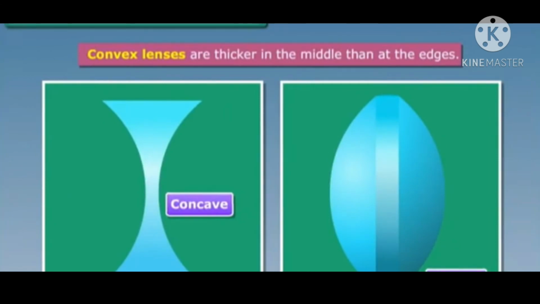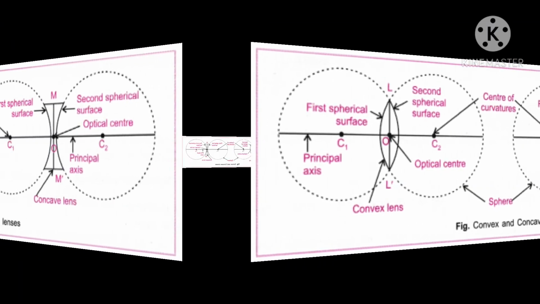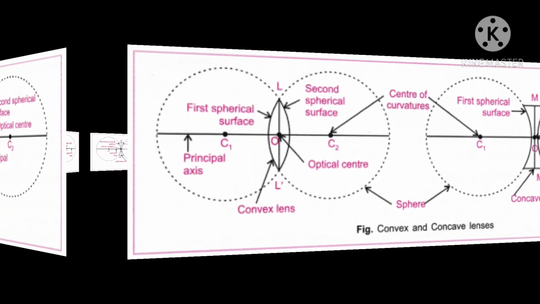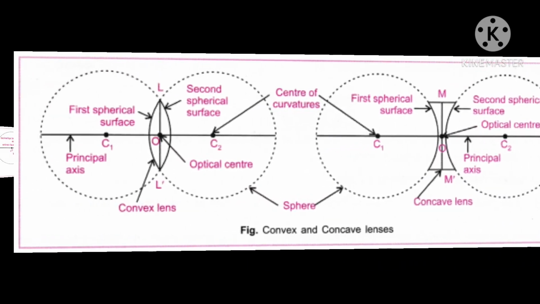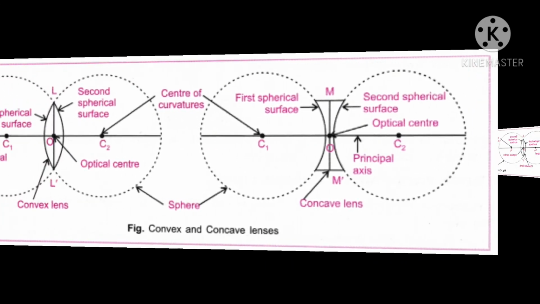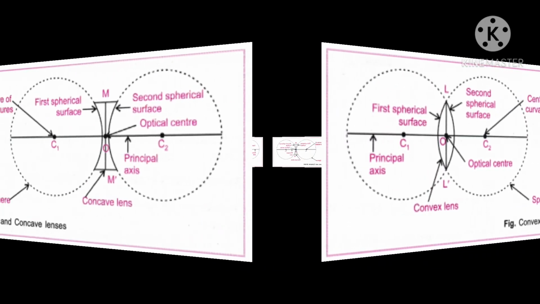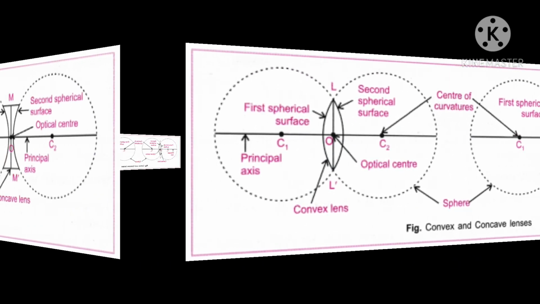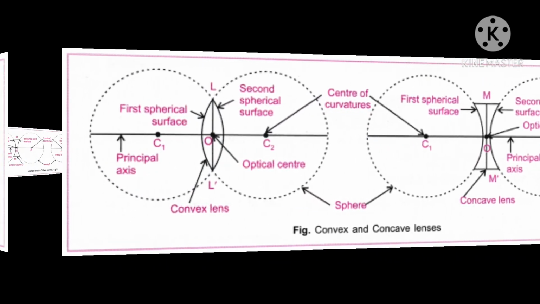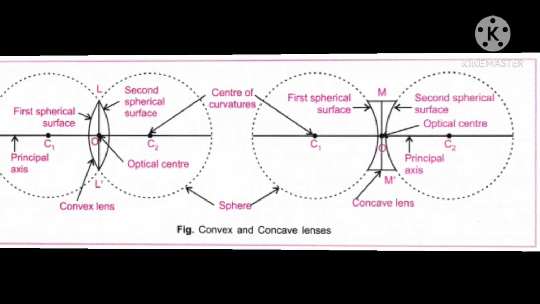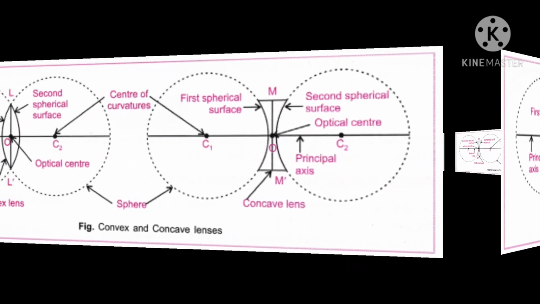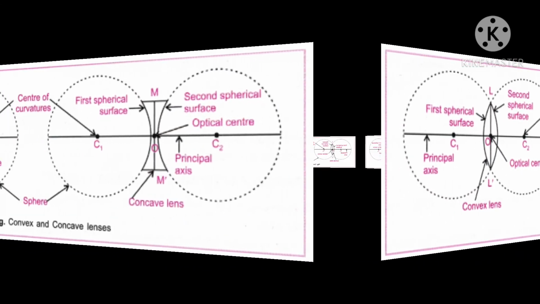Now let us discuss the terms related to spherical lenses. The very first is principal axis. The line joining the centers of two spheres is called principal axis. Second is optical center. The center of the lens is called its optical center and it is denoted by O. The third one is principal focus.